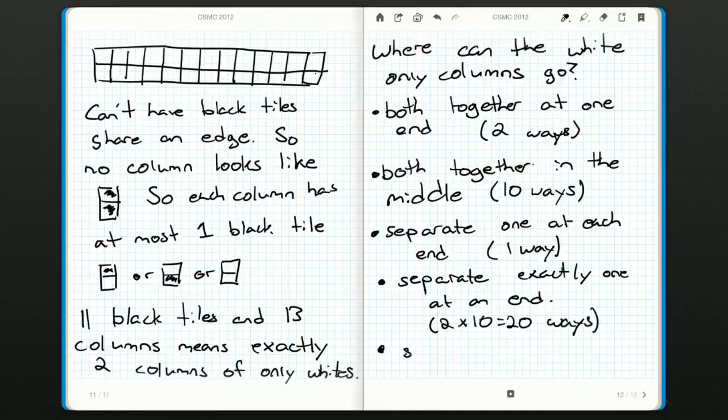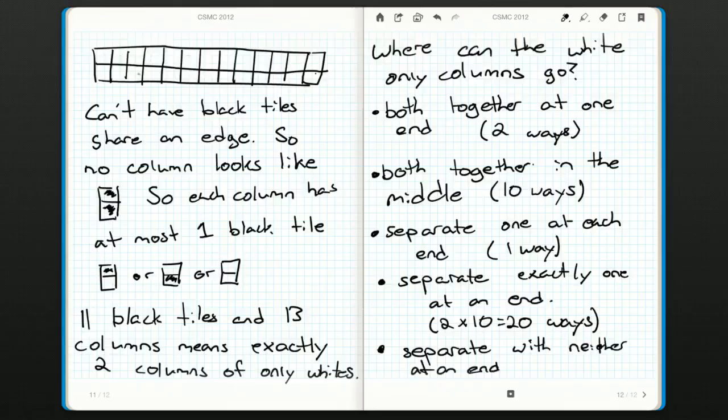Okay. And finally, we can have them separate with neither at an end. Okay, so maybe the first one is in this fourth column and the next one is in this sixth column. So how many ways are there to do that?